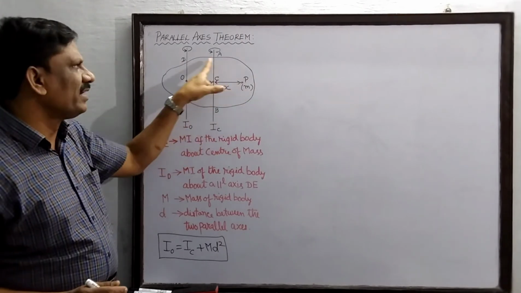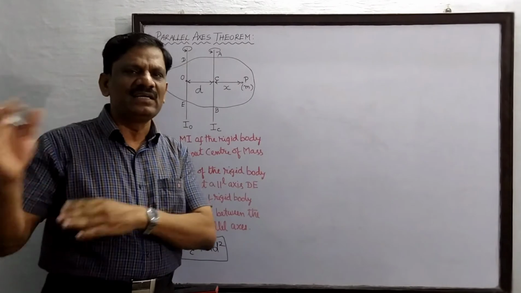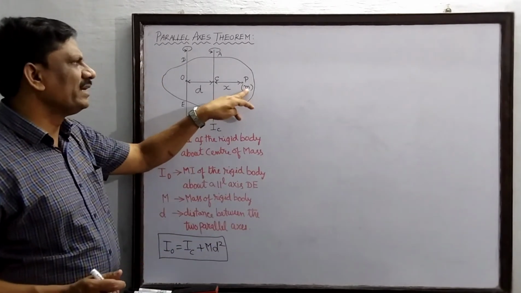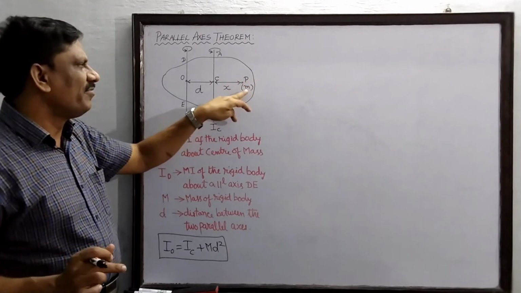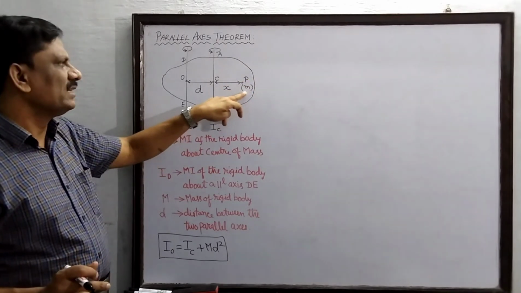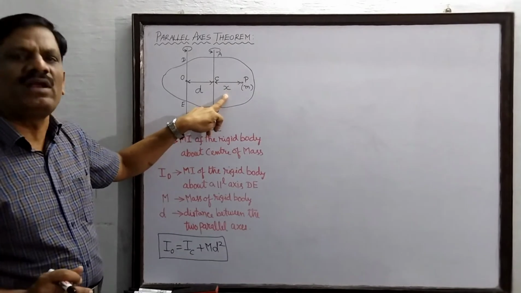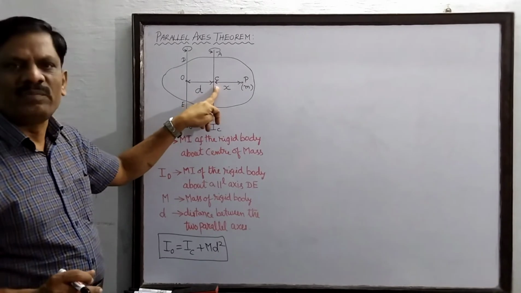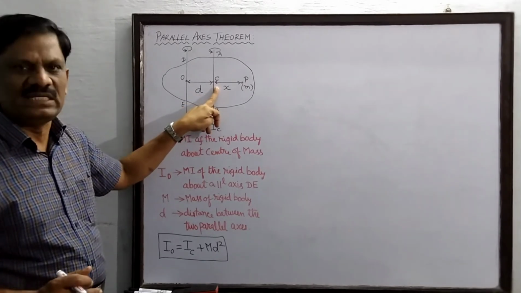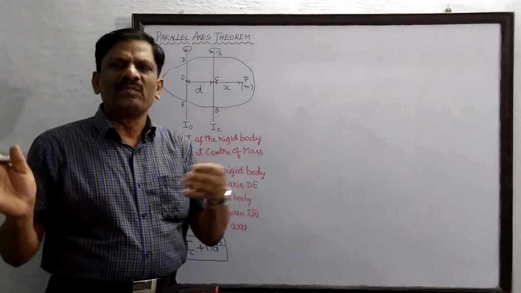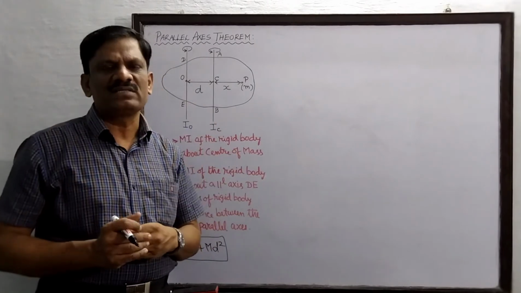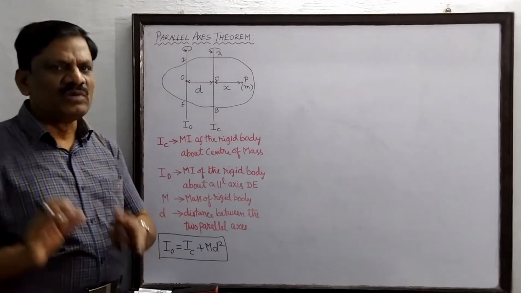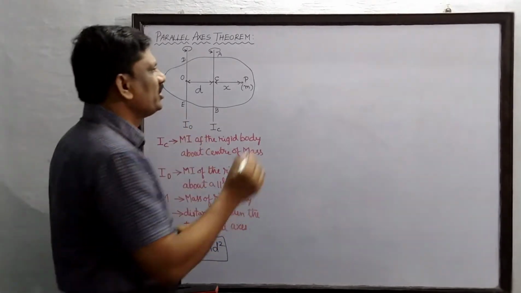Like that, there are different particles which are located at different distances from the center of mass C. So I am considering a point mass m, which is located at a distance small x from the axis AB, which is passing through the center of mass C. So when the entire body is rotating about the center of mass, how much moment of inertia does only this particle of mass m experience? I will get an expression for that.